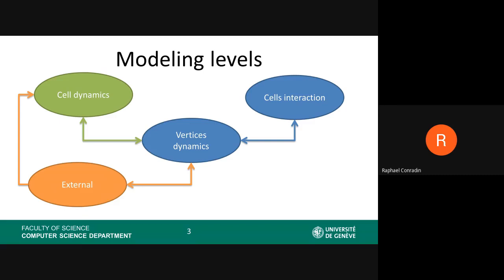We have also the cell dynamics level, which is where we can have a growing process, and we have also the ability to add external mechanisms like external forces or coupling with a signaling.